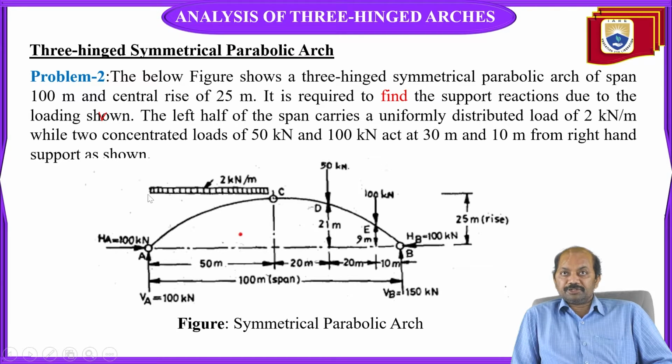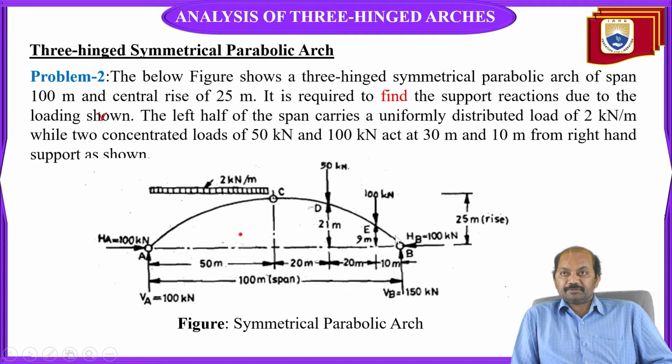The left half of the span carries a uniformly distributed load of 2 kilonewton per meter, while two concentrated loads of 50 kilonewton and 100 kilonewton act at 30 meters and 10 meters from the right hand support.